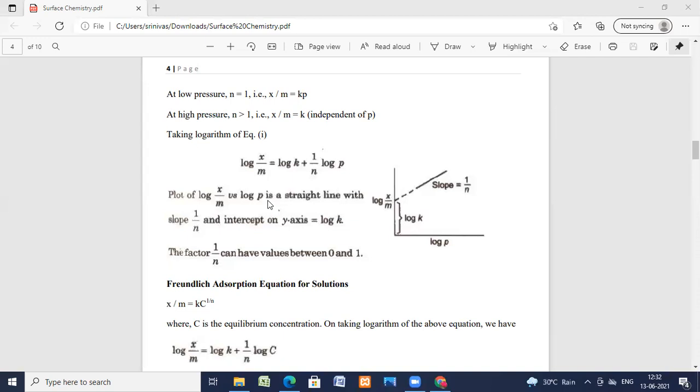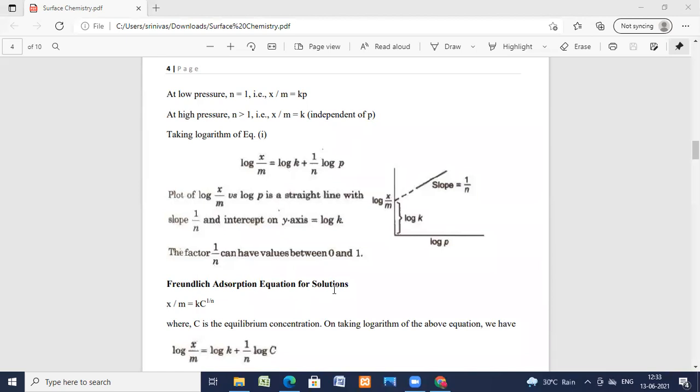So the isotherm is used here for adsorption of solutes from solutions, and it has been found to work better with this type of adsorption than with gases. The pressure in the expression is replaced by the equilibrium concentration for solutions. So p is replaced by c for solutions.